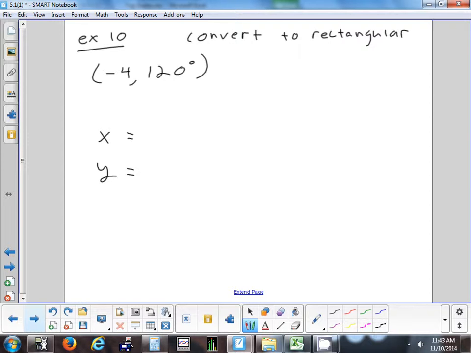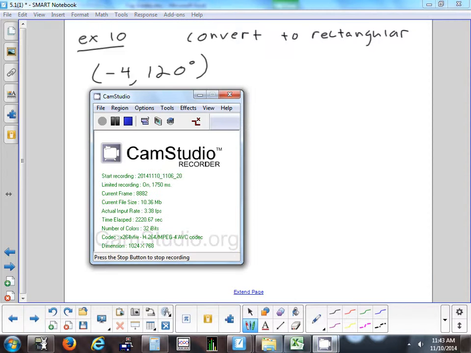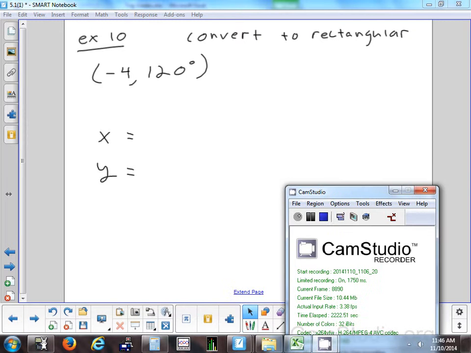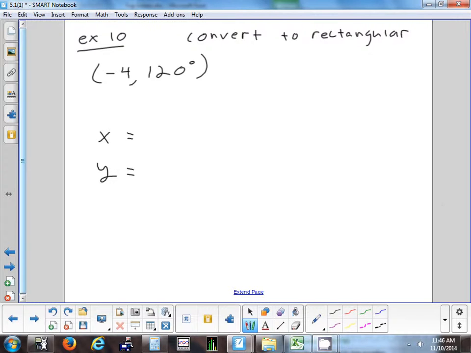Just because the radius is negative, that doesn't affect anything. All right, so let's convert this one. Okay, for x. Okay, anybody have the formula that you need to find x?